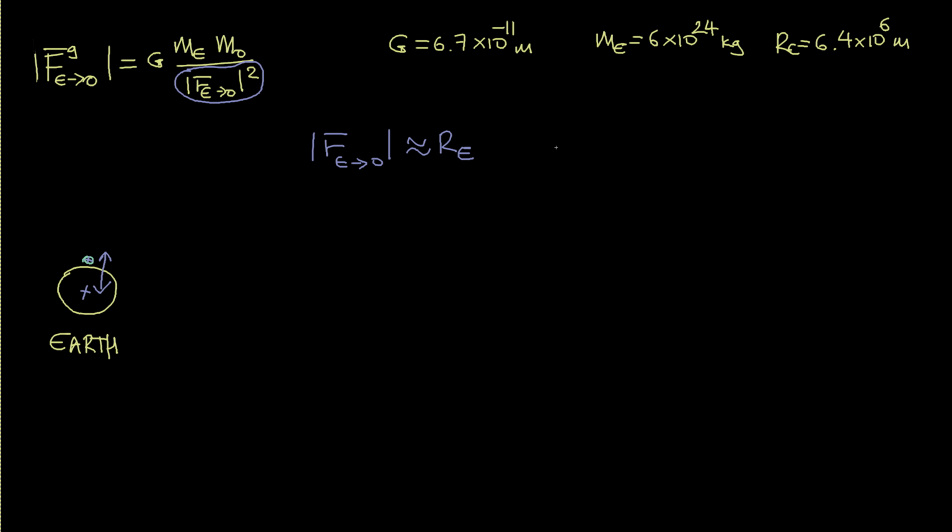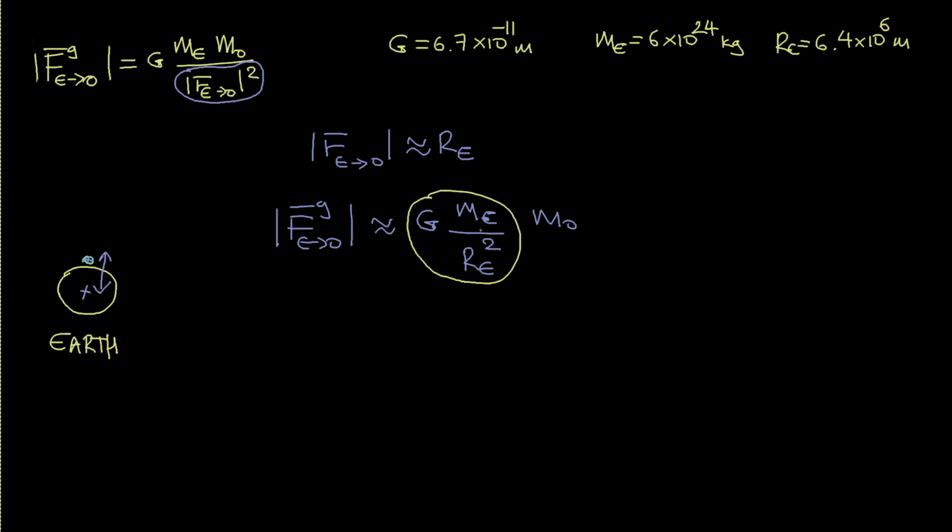So using this approximation, I will say, well, in that case, the magnitude of the gravitational force from the Earth on the object is approximately equal to the constant G times the mass of the Earth times the mass of the object, and then this is divided by roughly the radius of the Earth squared. Now, for problems where you are close to the surface of the Earth all the time, this quantity remains constant.